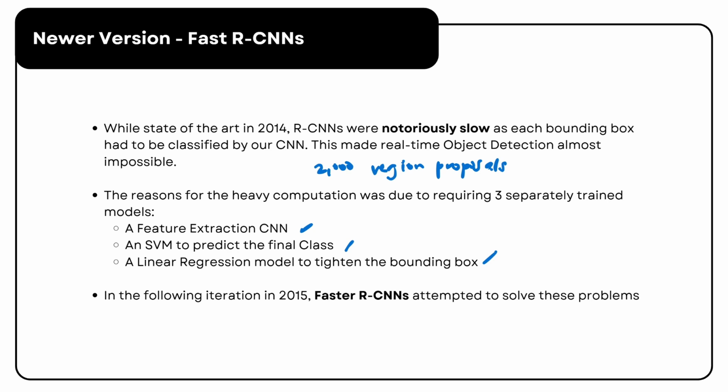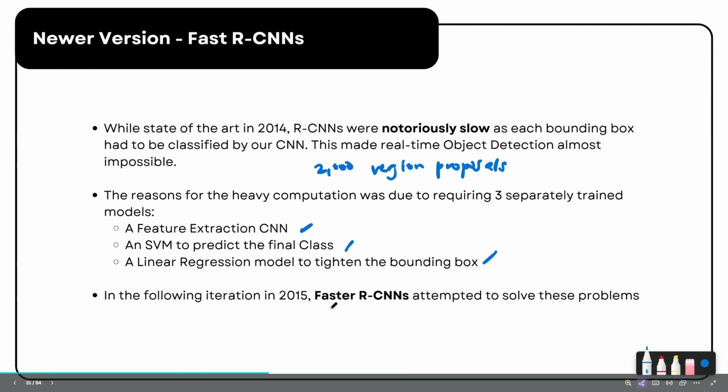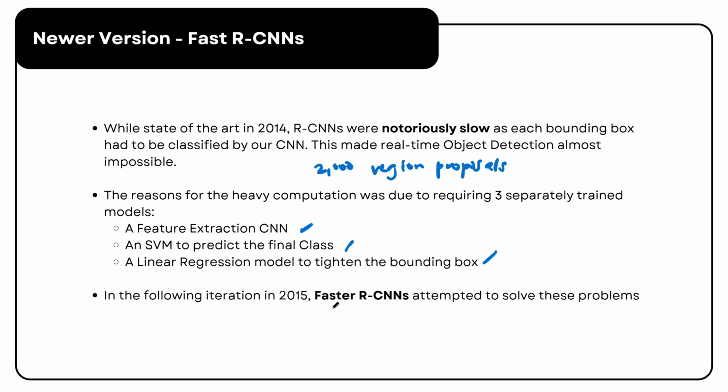That's why in 2015, this model dramatically sped things up by running the CNN just once on the whole image rather than for every proposal, extracting features just once and then using region proposals.